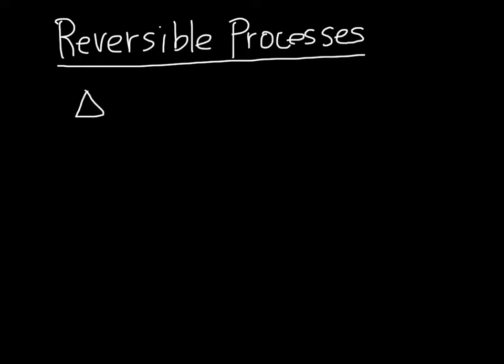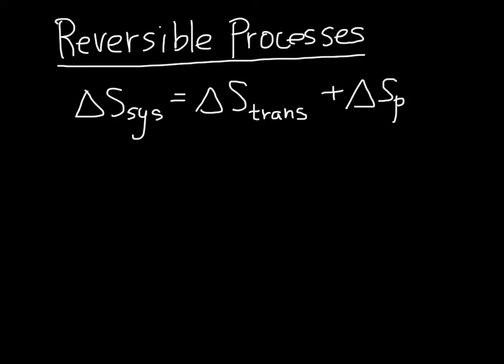So if we're interested in how the entropy of the system is changing, we need to consider the contribution of entropy that's transferred across the boundaries, plus any entropy that is produced in the process. It is the case that the entropy produced is always greater than or equal to 0.